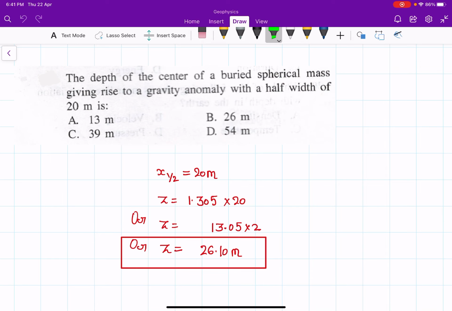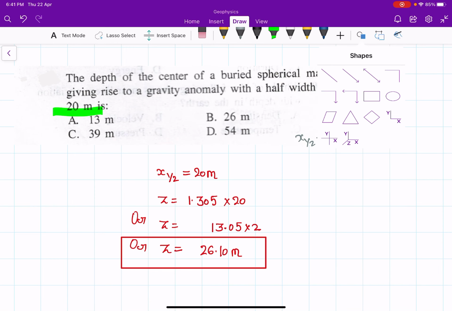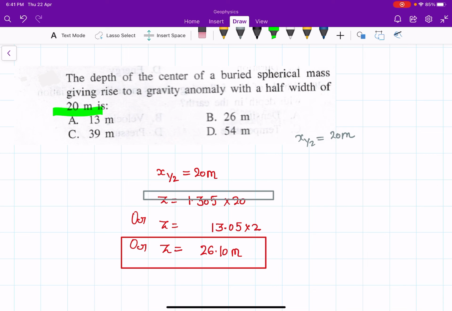Next is: the depth of the center of a buried spherical mass giving rise to a gravity anomaly with a half width of 20 meter. So here half width, that is x half, is 20 meter, and the formula for half width anomaly is given by z equals 1.305 into x half, where z is the depth of the buried object.